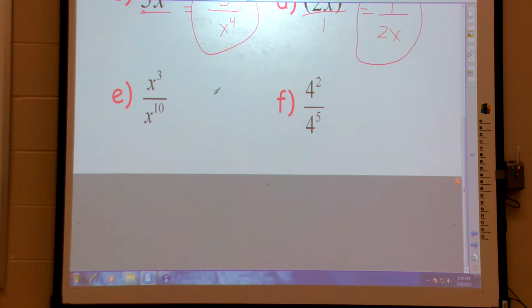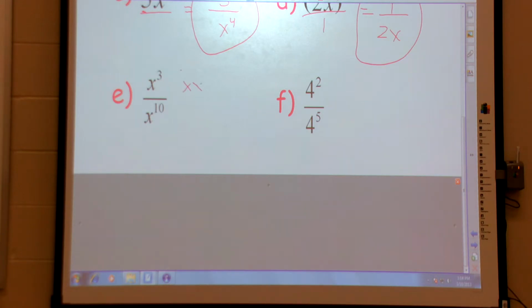X to the 3rd over x to the 10th. Now here's where our quotient rule is kind of helpful, but kind of not. Here's how you think about it. When I subtract those, what do I get? Negative 7. I can think about it as I have that, and then I can move it. Or I can think about it as, which one has more x's? The bottom. So when I cancel out, I'm still going to have more x's on the bottom, right? Think about it.